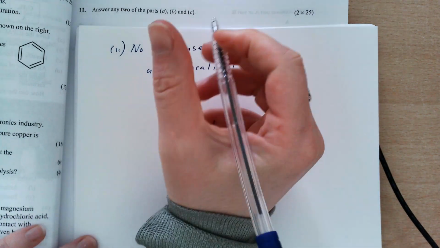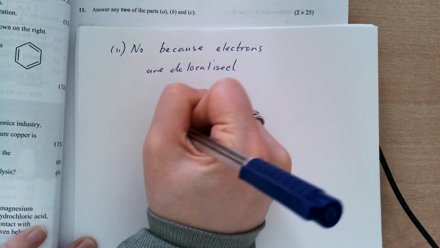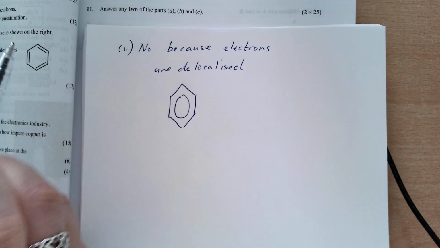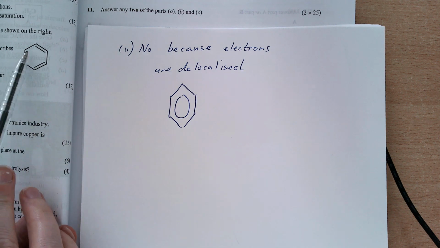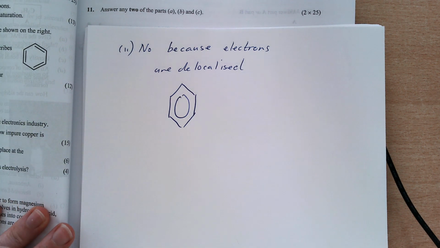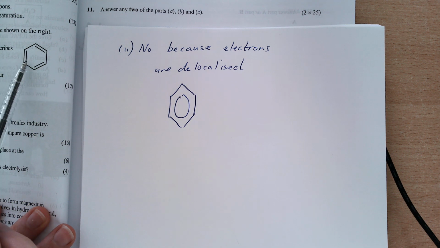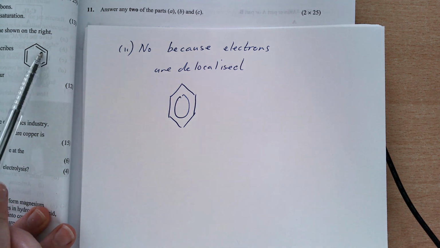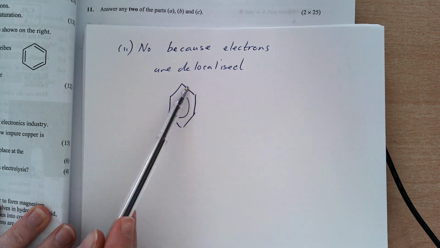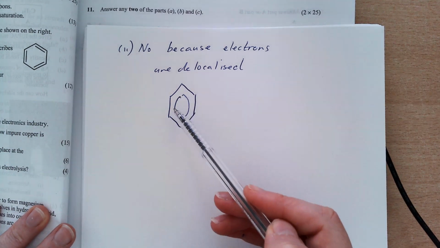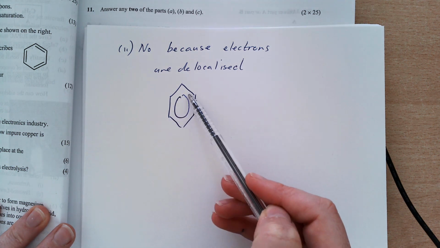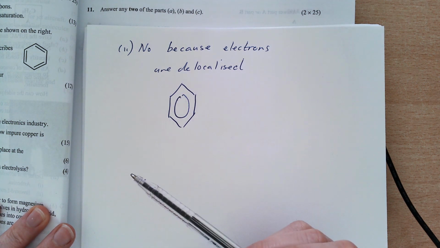If I look at this structure here, it would indicate a highly reactive, very unstable, unsaturated compound. It is none of those things. It is very stable, it is very unreactive, and it does not decolorize bromine water. So this structure is incorrect in its distribution because my electrons are delocalized, which means they are not attached to any one particular carbon. Instead, they are found in the ring here.